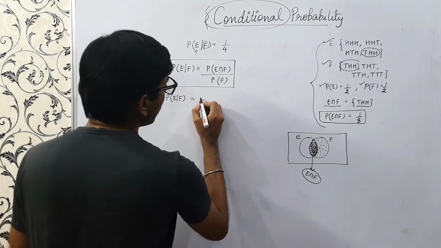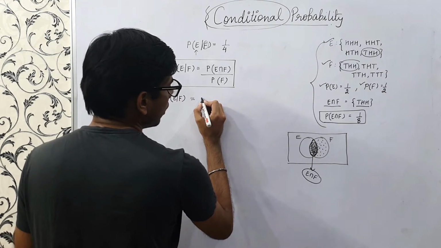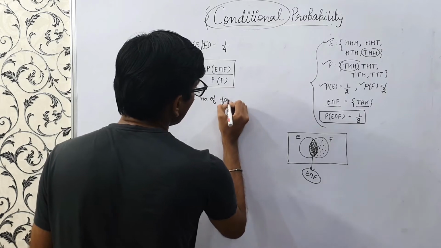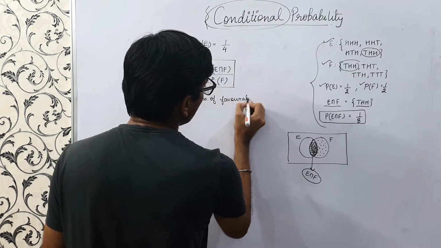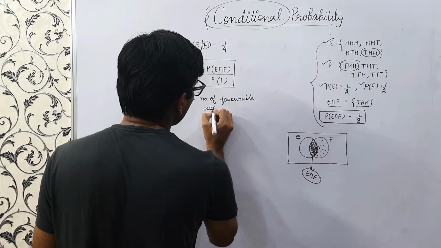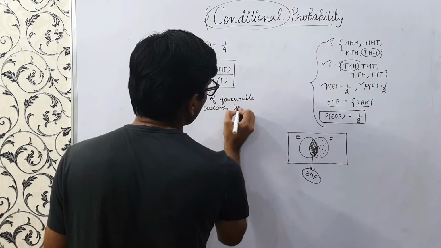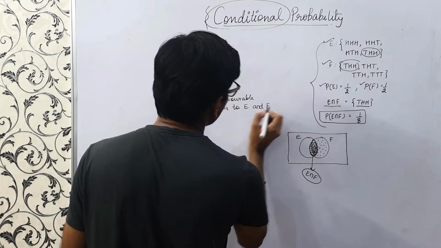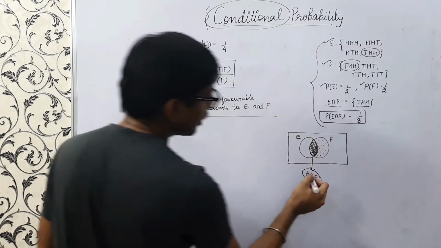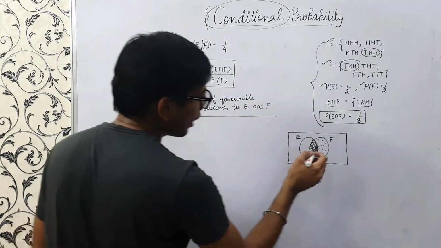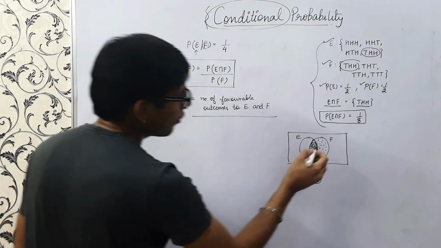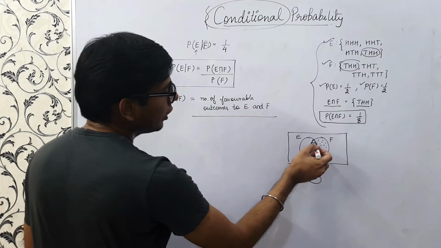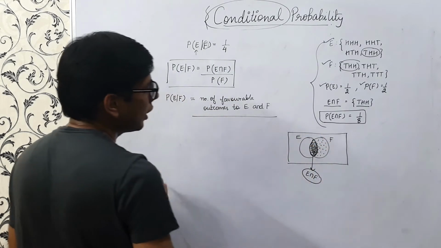So this is the favorable part. In the numerator there comes the number of favorable outcomes to E and F. This is the intersection part, because we know that F has already occurred, and in F, the events that are in E will be nothing but the intersection.